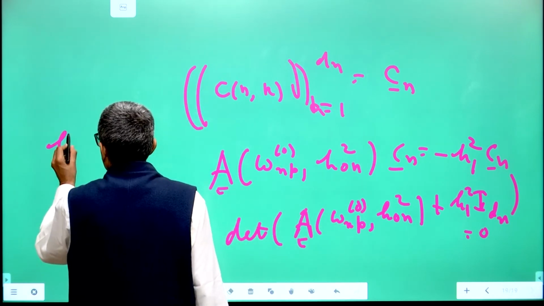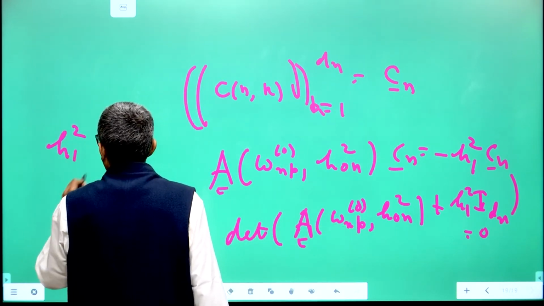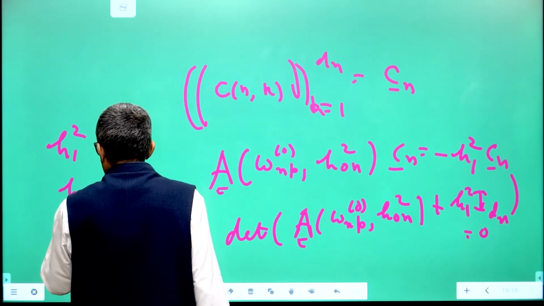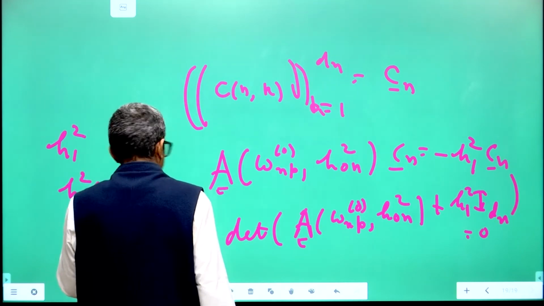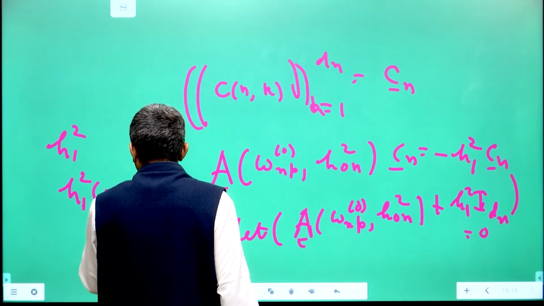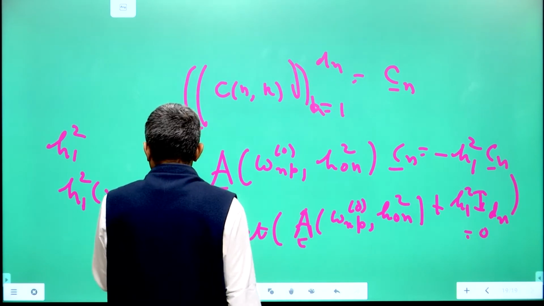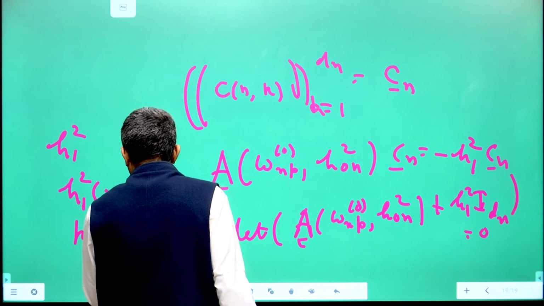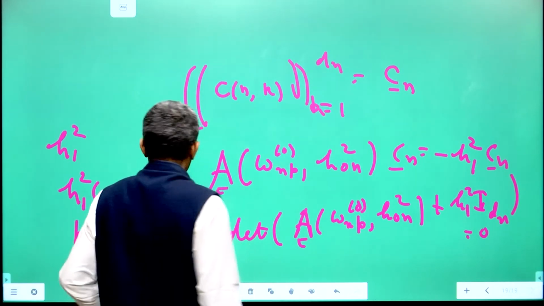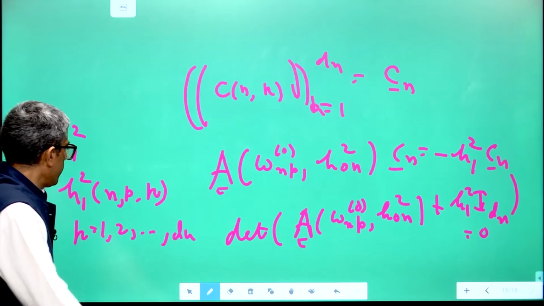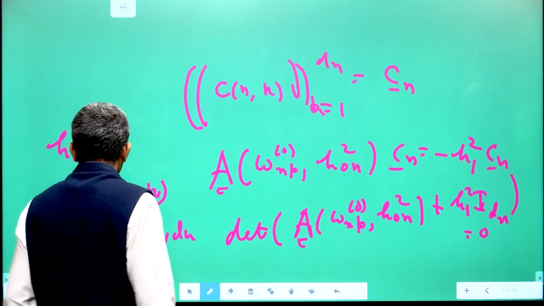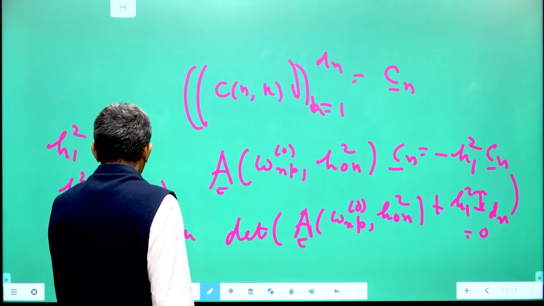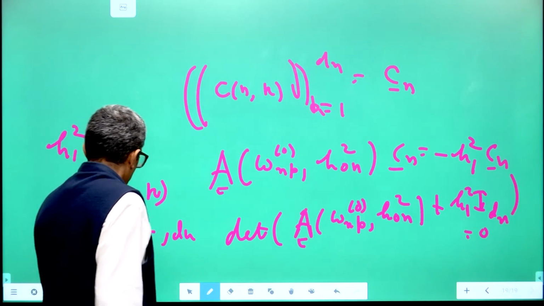The solutions for H1 square depend on n and p, and there are Dn of them, so you write them with an index k, where k equals 1, 2, etc. up to Dn.